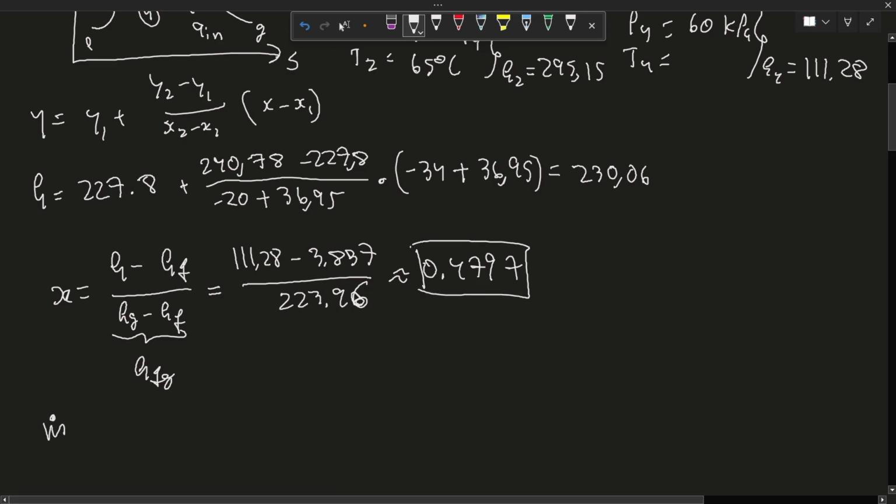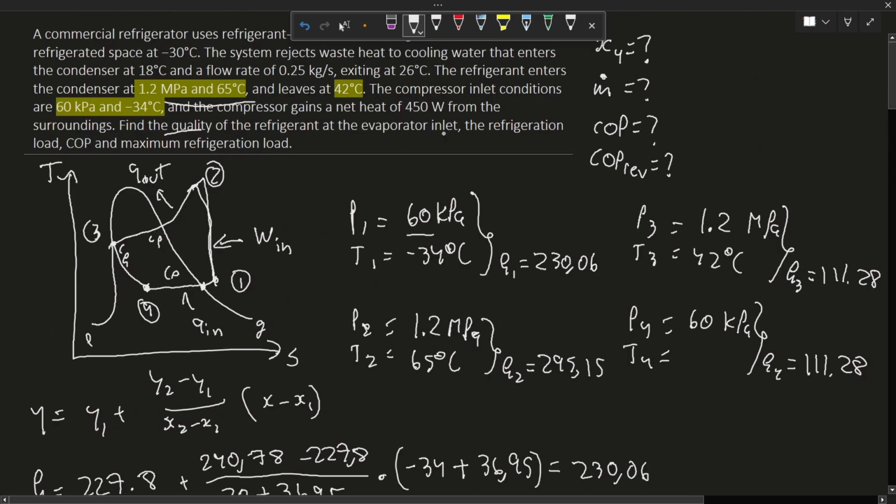Next, we need to find m dot. Whenever it's asking you to find the mass flow rate, you have to either look for a wattage here or another mass flow rate, okay? When you have a mass flow rate over here, automatically just take this. It's going to make your life so much easier. Because in this specific problem, 450 is irrelevant for our m dot.